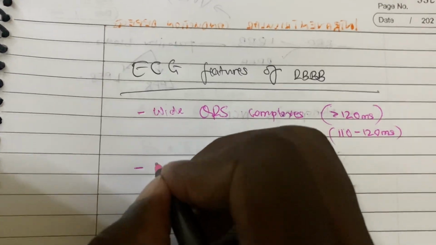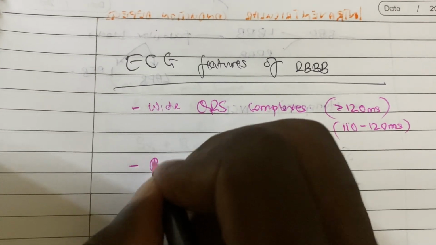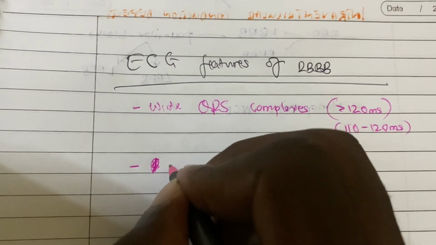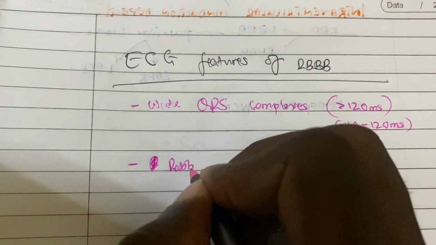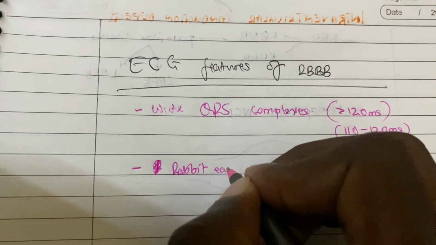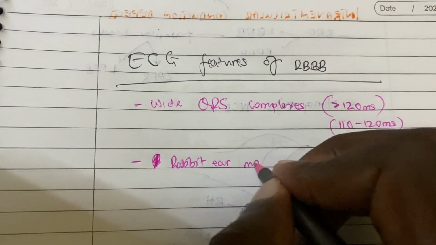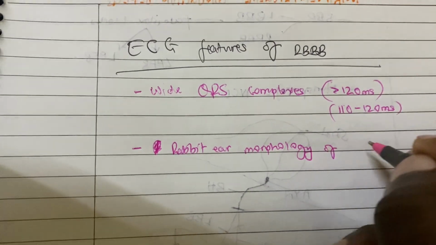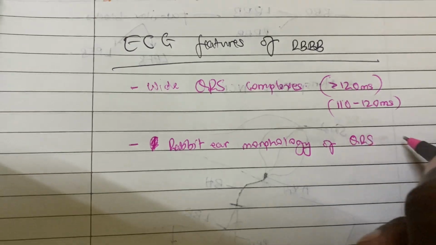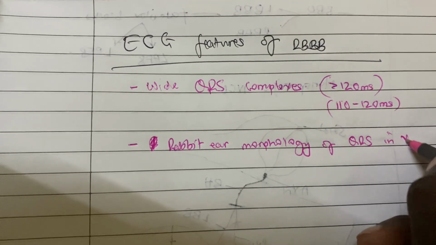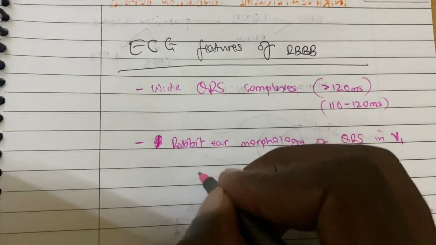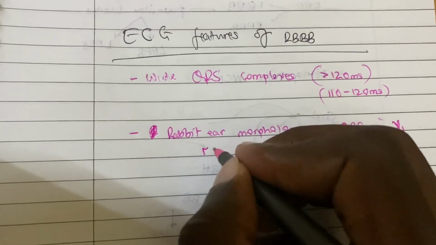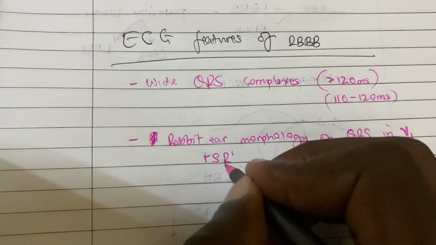We expect this rabbit ear morphology of QRS in V1, for example, complex named as RSR prime.